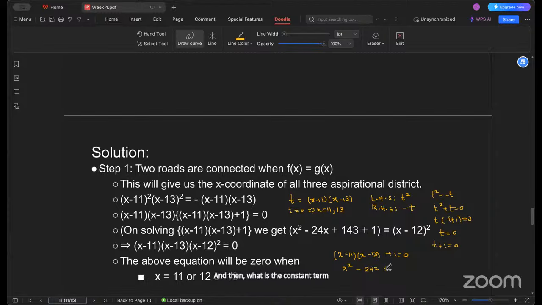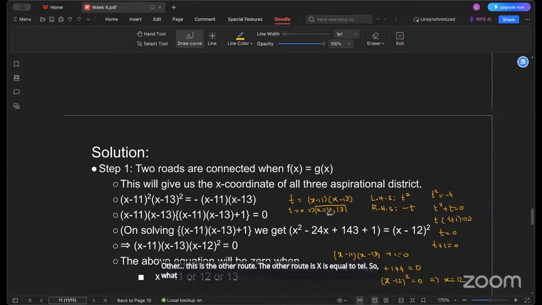Calculate and tell me. 143 plus 1, 144, right? Yes, ma'am. So which is nothing but x minus 12 whole square, right? So this is the other root. The other root is x is equal to 12. So what are the roots? x is equal to 11, 13 and 12.